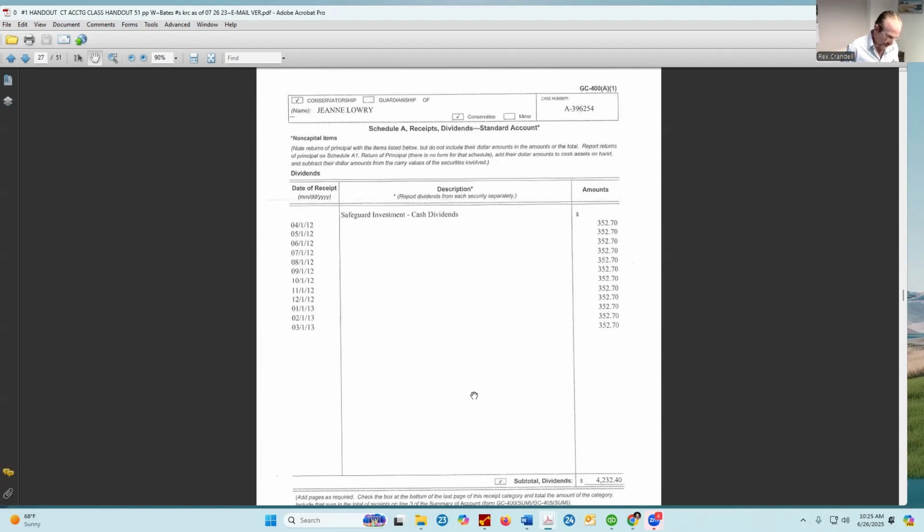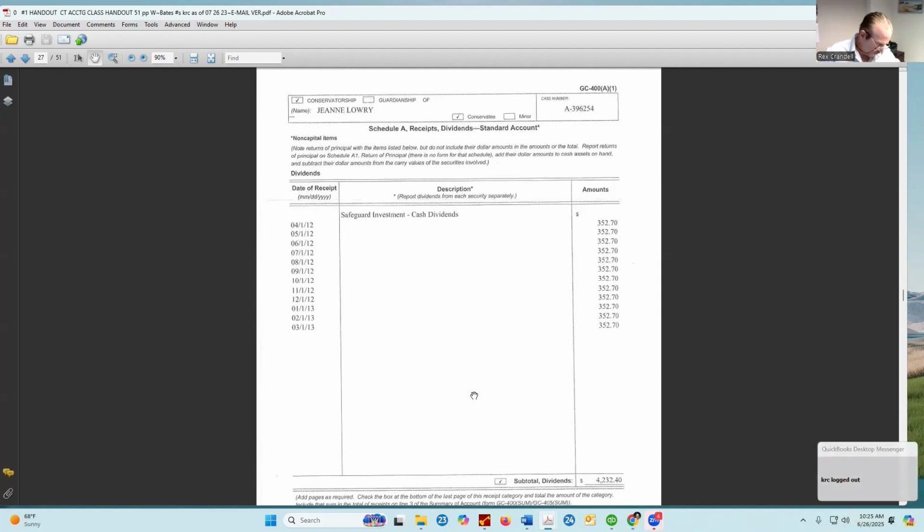On page 23, we're starting in the different subcategories of income. This one is dividends, so that'd be money earned on mutual funds or securities. And you must list every asset transaction. So when you get the broker statement, you cannot take the total amount of dividends for the quarter and say, we got this amount.